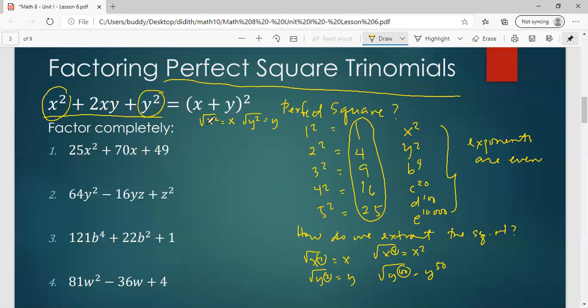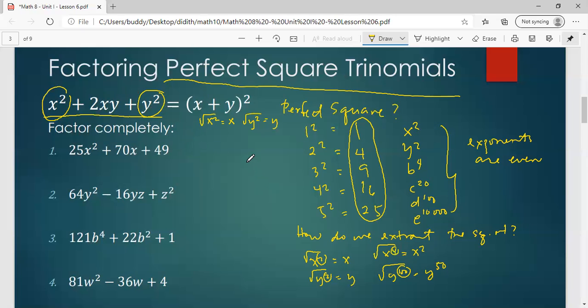So the square root of x squared times the square root of y squared times 2, that's x times y times 2, which gives us 2xy. So if the two conditions are satisfied, then we can say that the expression is a perfect square trinomial.